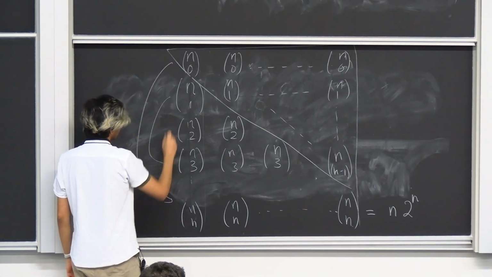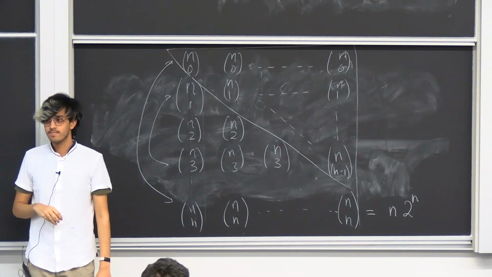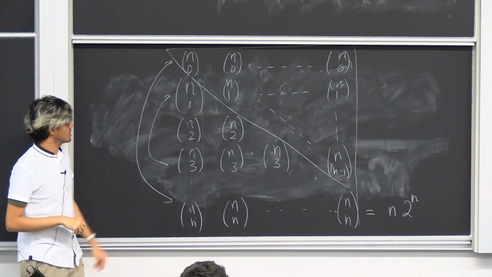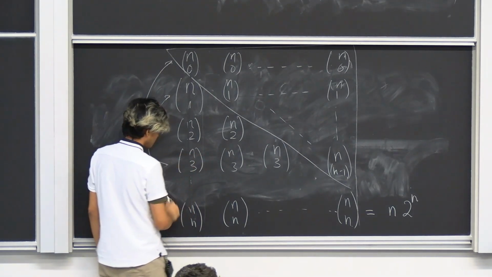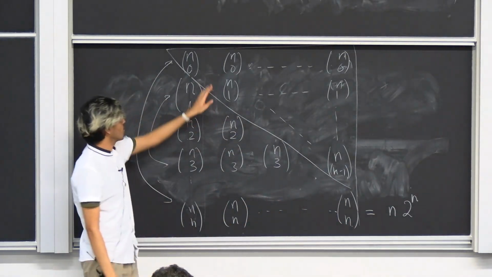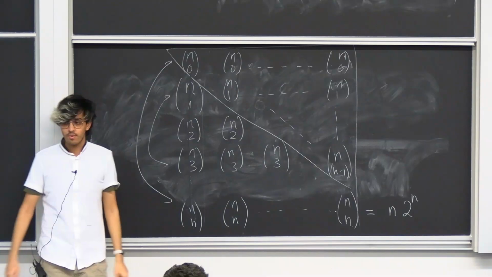So what ends up happening is you have this equality between each of these rows, right? So you have, for example, n choose n times. Then if you also had n choose 0, which is equivalent to n choose n times, that's exactly what you need.